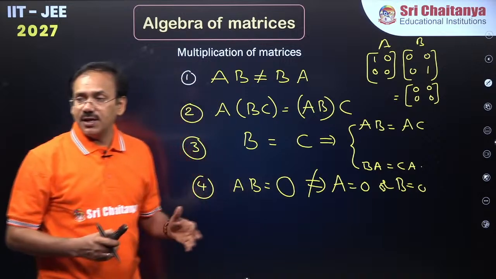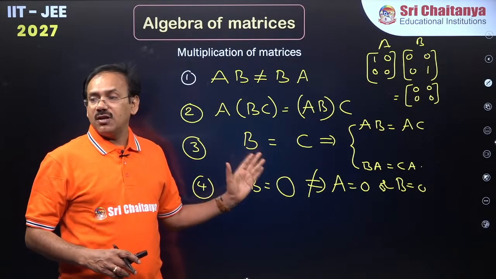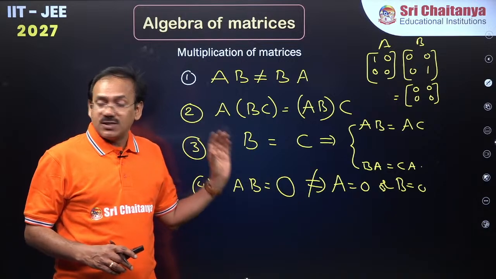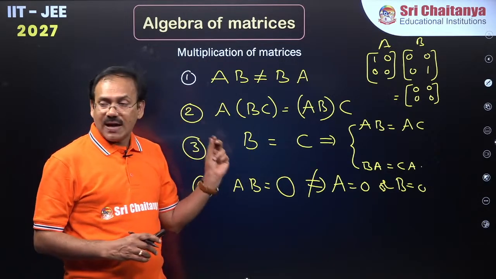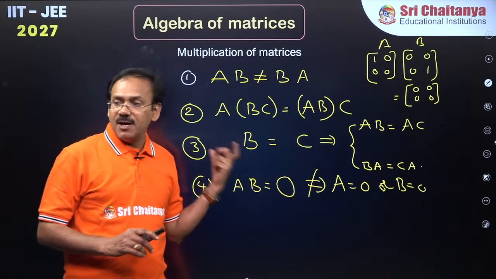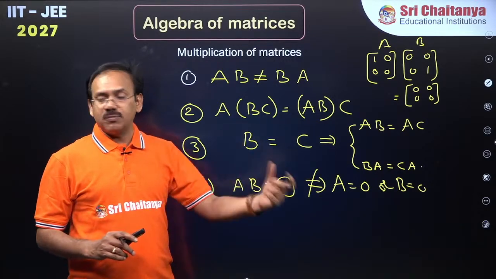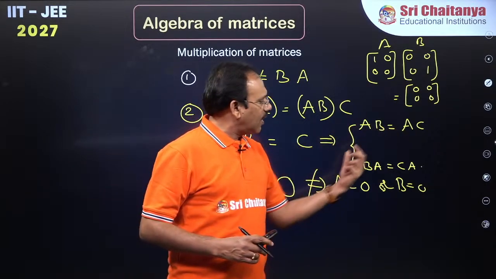Somebody is asking to repeat the first point. For a matrix equation, if you want to multiply both sides with a matrix, remember that you have to do either pre-multiplication or post-multiplication. Either multiply A on the left side on both sides, or multiply A on the right side on both sides.